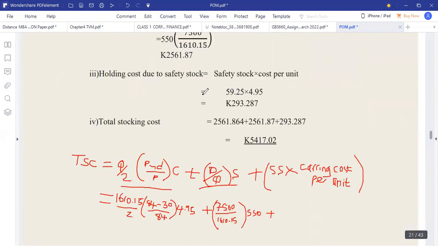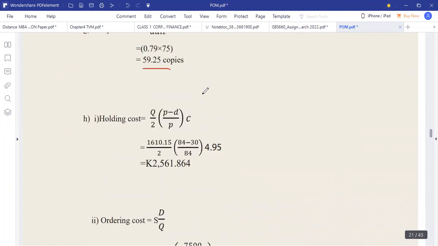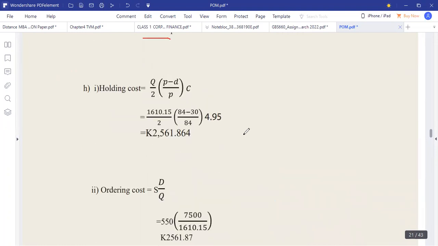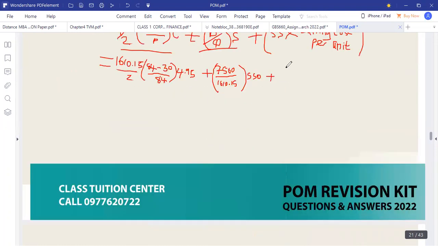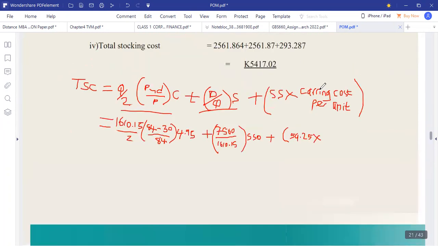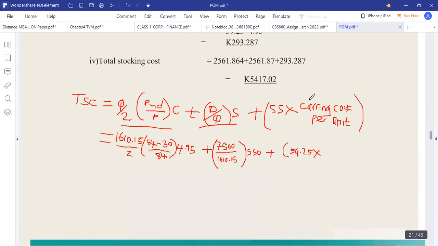So now our safety stock is 59.25. Then multiply by the carrying cost, the cost of carrying the safety stock, because you are keeping the safety stock in the warehouse.